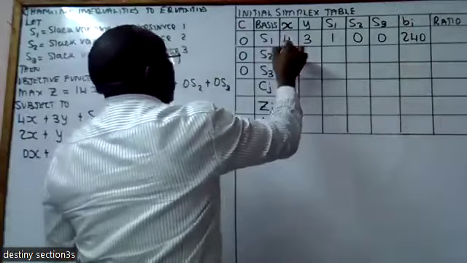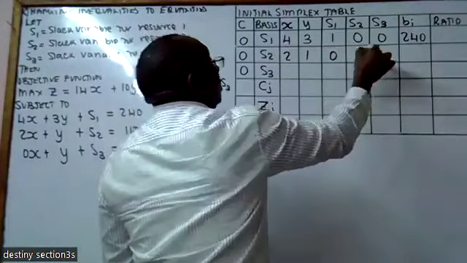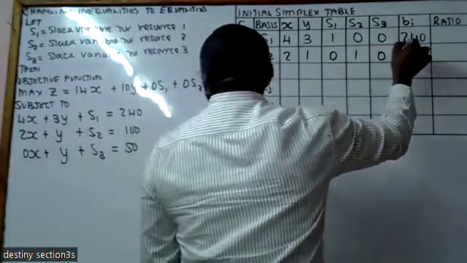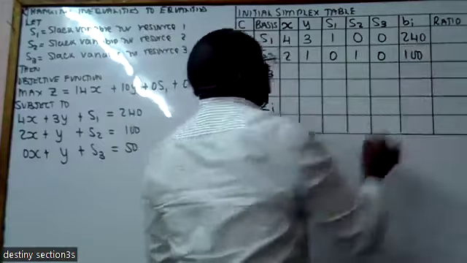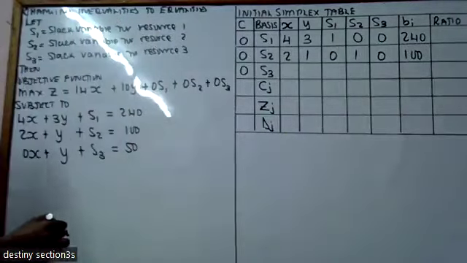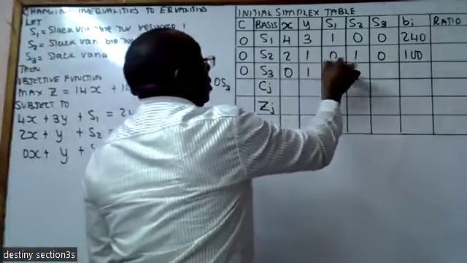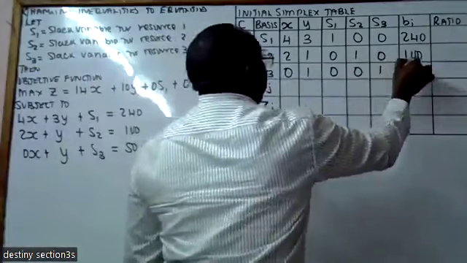Then this one we have 2, 1, 0, 1, 0, and 100. Then for S3, it is 0, 1, 0, 0, 1, and 50.